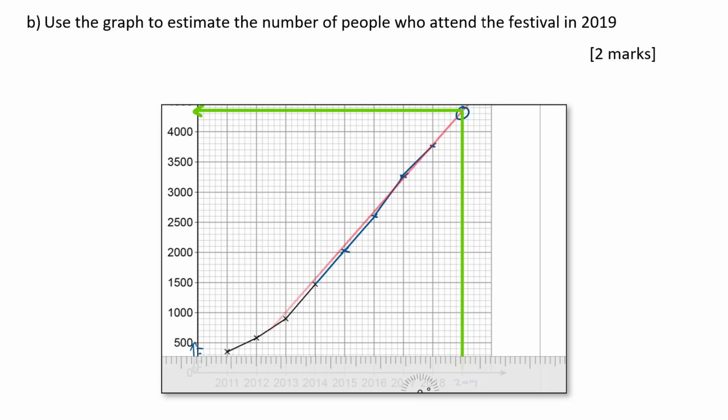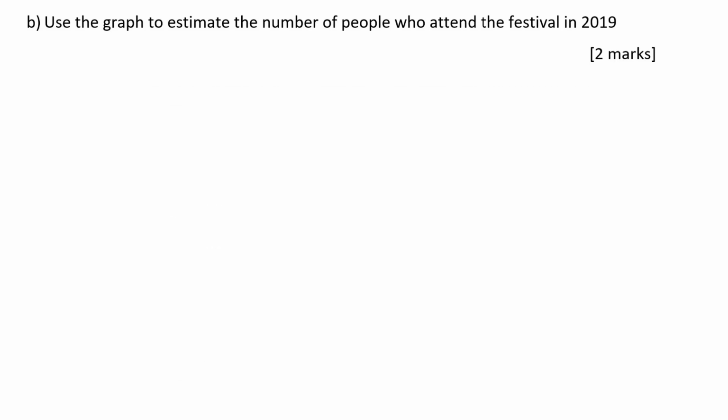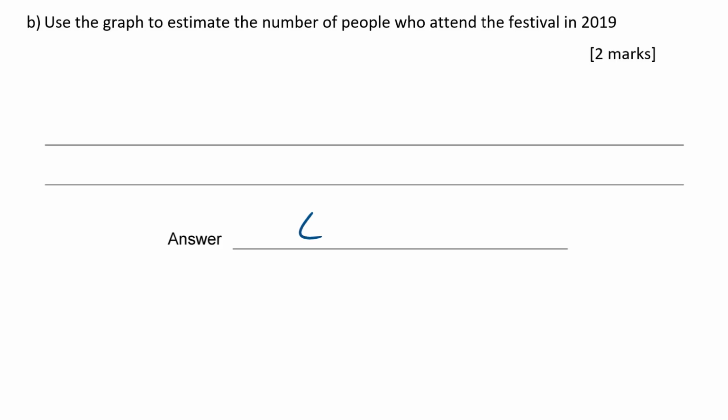So I'm going to estimate halfway between, so 4,350, something like that. So I'm going to estimate 4,350. Don't have to write anything here. My method is on the diagram.